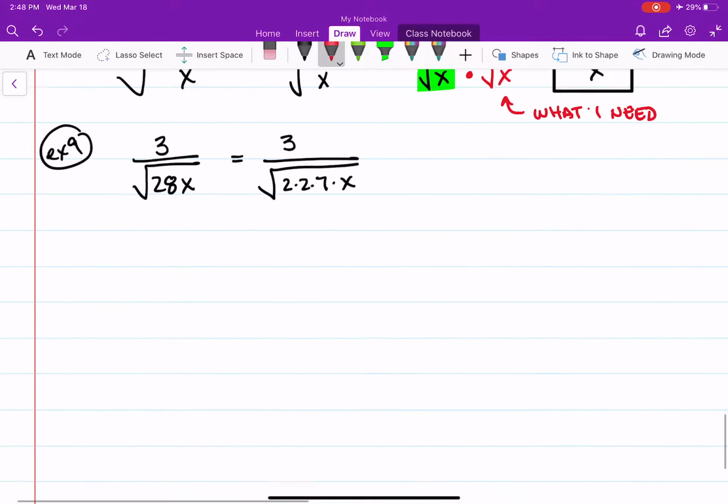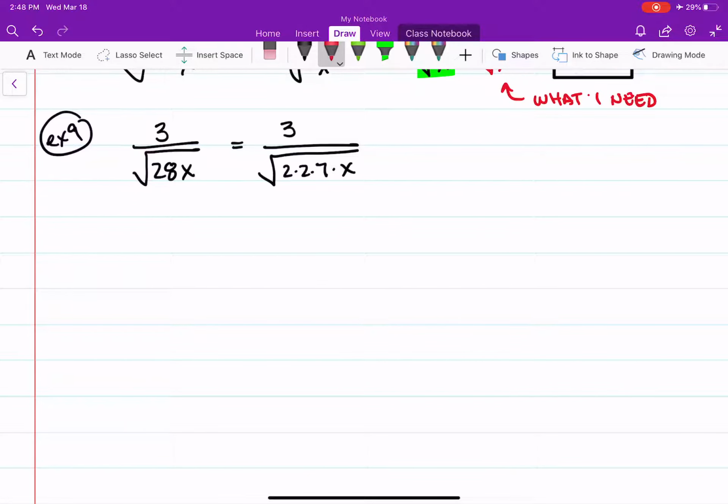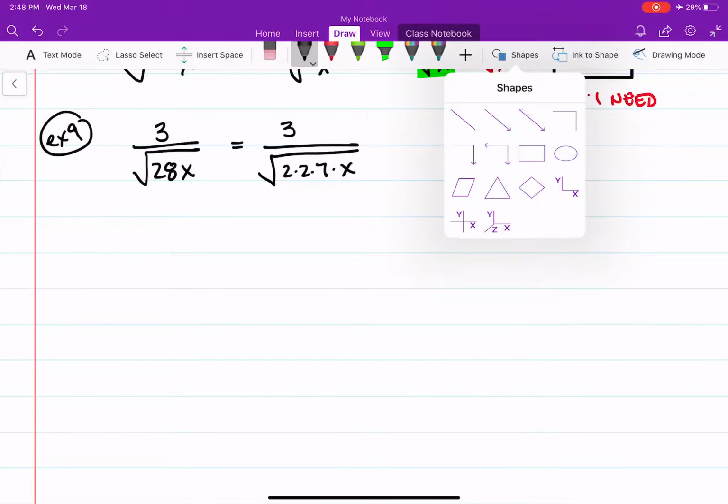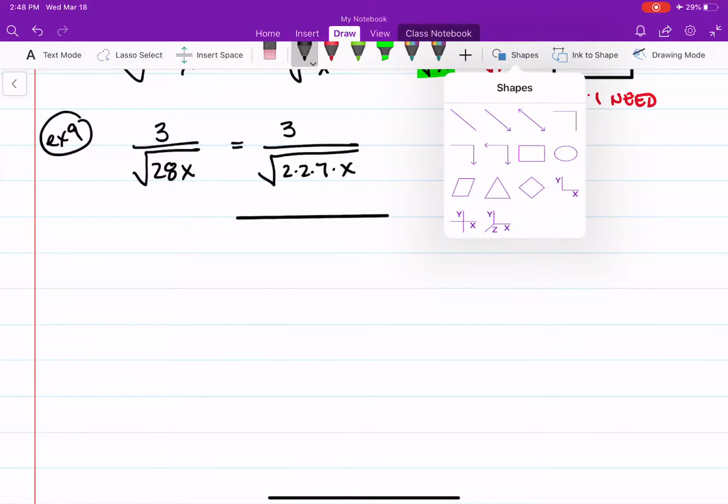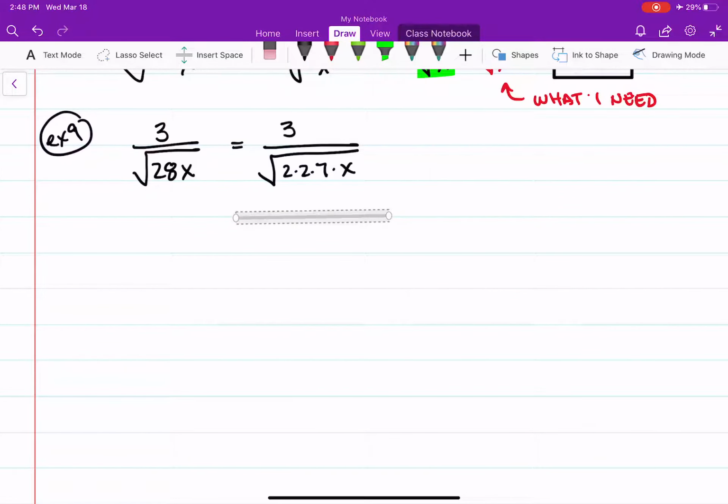Okay, so here's where we have to focus. So I'm going to do this. I'm going to make a table right here. I'm going to make a better table right here. Boom. Okay. I'm going to mark this as what I have, what's given to me, and what I need.